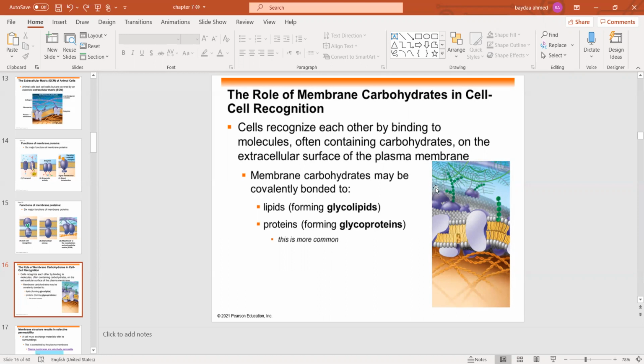We have an example in human blood types, designated A, B, AB, and O. Those variations in human blood types reflect variation in the carbohydrate part of the glycoprotein on the surface of red blood cells.